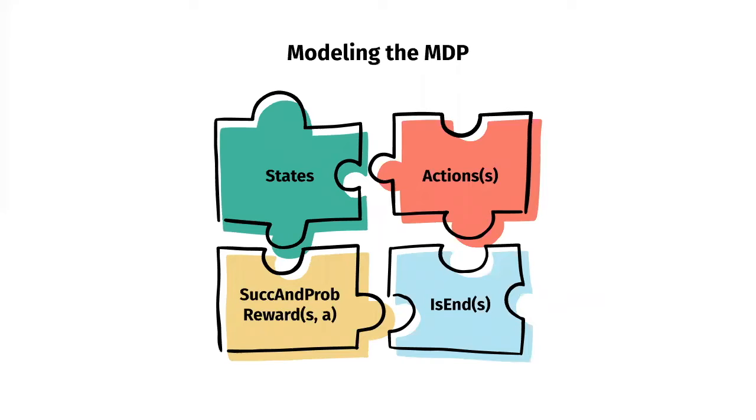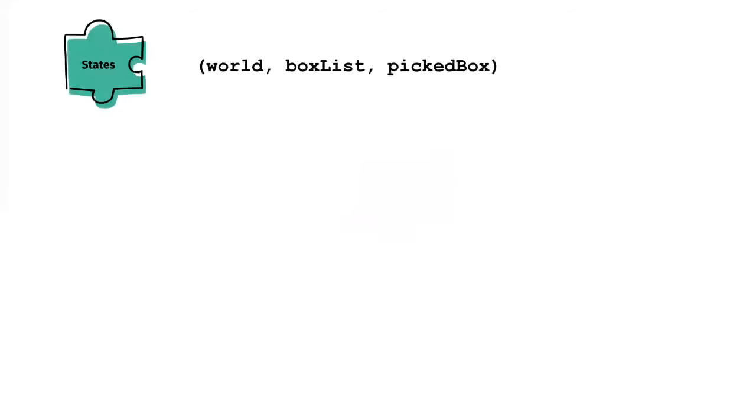For our main approach, I will describe how we modeled our MDP and briefly touch upon the Q-learning algorithm. Each state is a tuple with 3 elements. World is a 2D array of zeros and ones representing the current stack, 0 meaning the space is free, and 1 meaning the space is occupied.